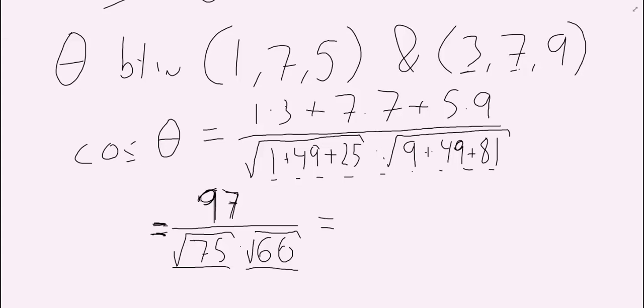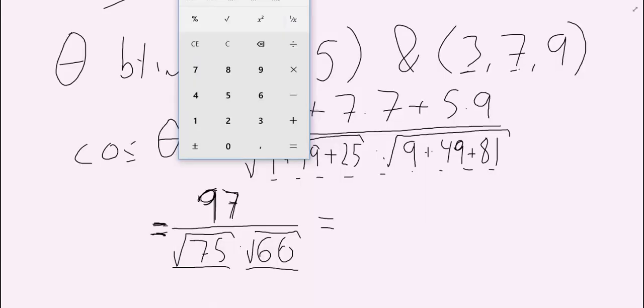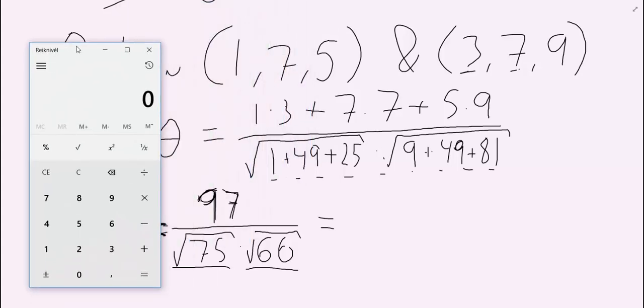So let's just get a calculator up here. Like so. So we have 97 divided by square root of 75, this divided by square root of 66.